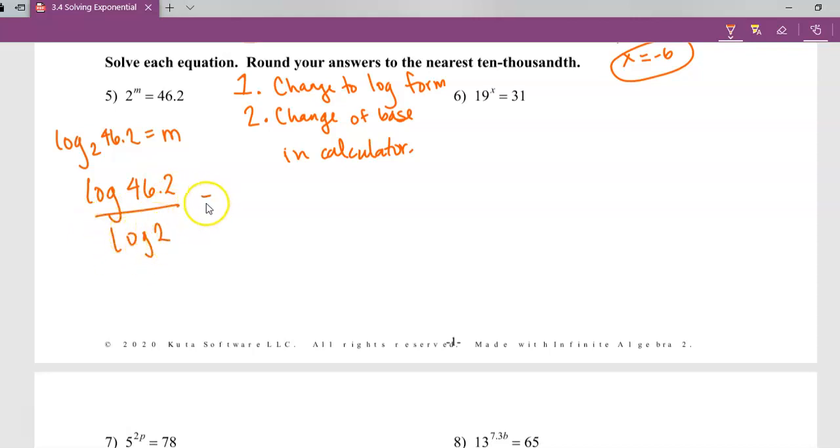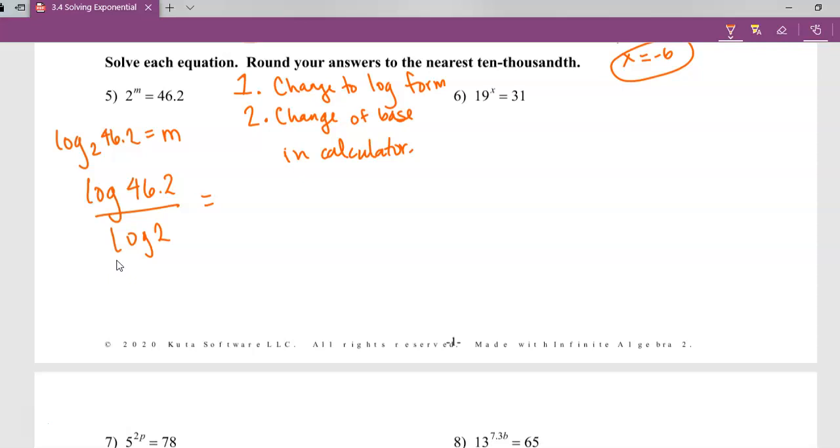And that will give us the result that we want. Or you can use natural log, remember. We're just changing the base so that we can get the result here on our calculator. Some calculators let you change the little base number from being a 2, but any calculator that has a log on it, you can use this change of base.